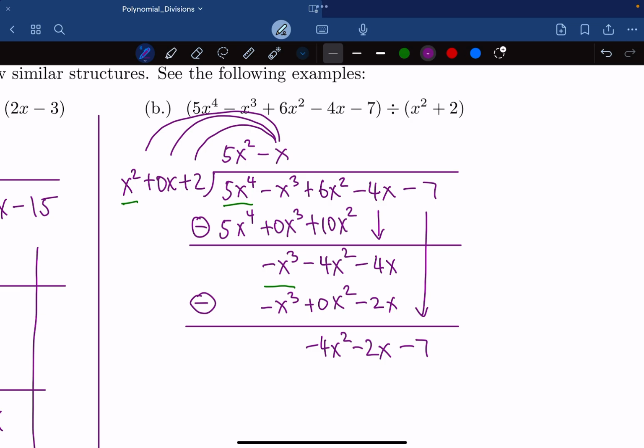So now I need to multiply the first term by negative 4, so I can match x squared with negative 4x squared. So distribute that negative 4.